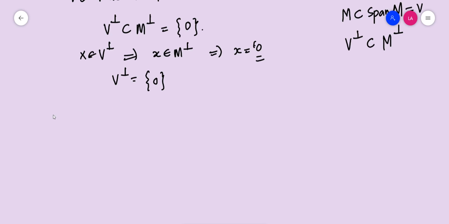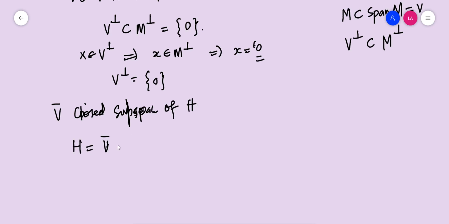Now V closure is a closed subspace of H. Then H can be written, by theorem 3.3.4, as V closure direct sum V closure perpendicular.